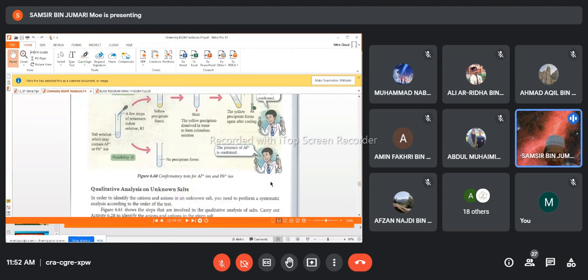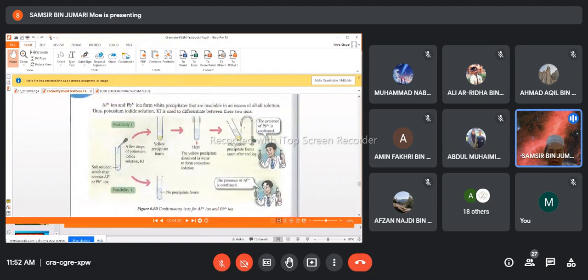Okey, faham? Itu ujian. Cuma yang biasa dan sangat mudah kita gunakan ialah potassium iodide, sebab kita nampak warna tu jelas, warna kuning, itu terus kita nampak. Tapi yang lain tu boleh juga guna.